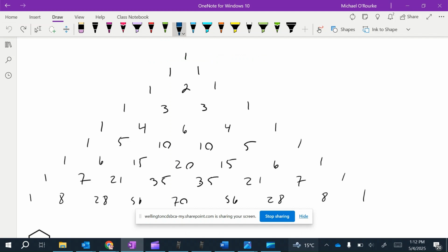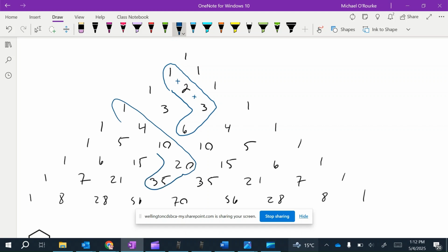But another cool pattern I call the hockey stick pattern, where if you go down at any point, you stop and go sideways, 1 plus 2 plus 3 equals 6. If I go this way, if I go all the way down here, 1 plus 4 is 5, 15, 35, boom. And it continues on.